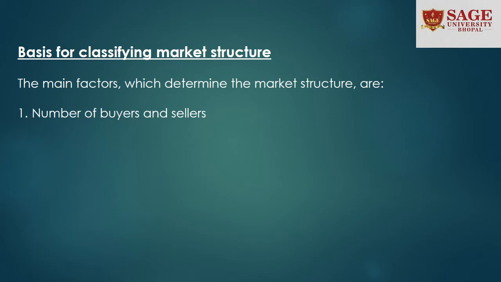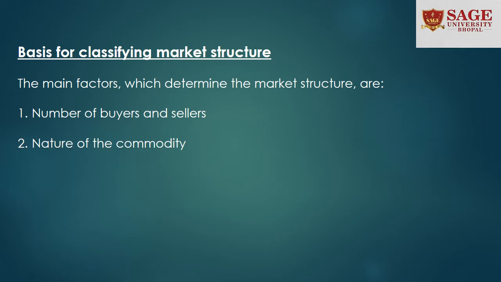Number of buyers and sellers of a commodity in the market indicates the influence exercised by them on the price of commodity. In case of large number of buyers and sellers, an individual buyer or seller is not in the position to influence the price of a commodity. However, if there is a single seller of a commodity, then such a seller exercises great control over the price.